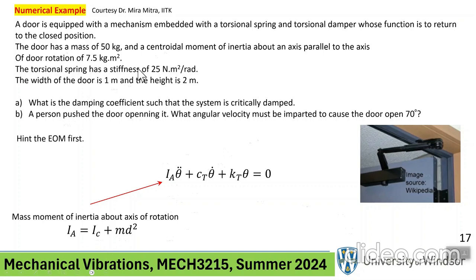So that's 7.5 plus the mass of the door times the distance between the two axes. And we'll worry about these things in a minute. Okay, so there it is. So this IA is not just the 7.5. It's using the parallel axis theorem, because this is about the axis of rotation.